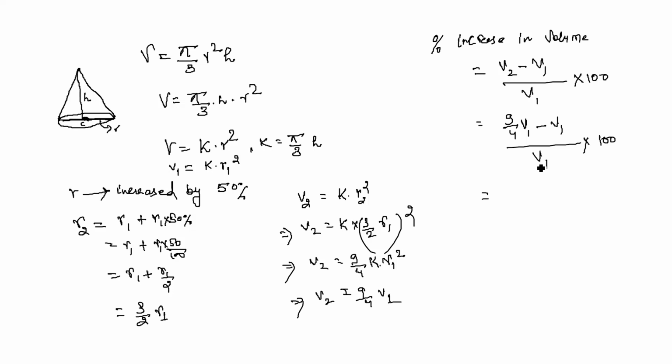This V1 will be cancelled out, so we can write 9 by 4 minus 1 into 100. So it will be 9 minus 4, that is 5 by 4 into 100. So it will be 4 into 25 is 100, so it comes as 125%. So the percentage increase in volume comes as 125%.